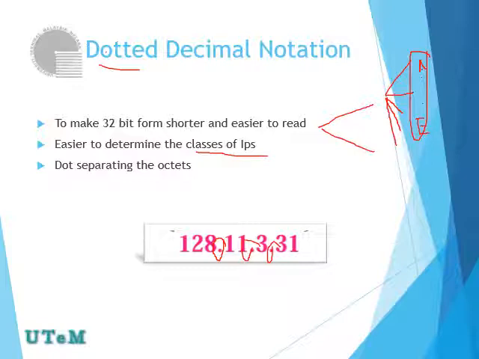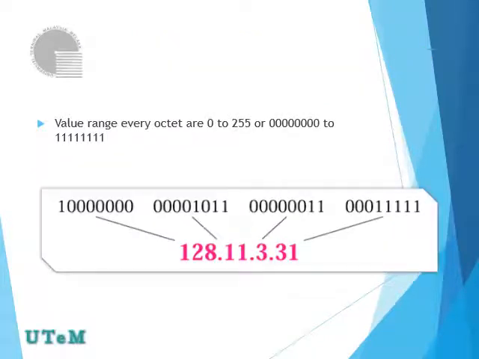Here the dot separates the octets. The range of the IP, if we represent it in decimal, is between 0 to 255, or in binary between all zeros, 8 zeros, to 8 ones.